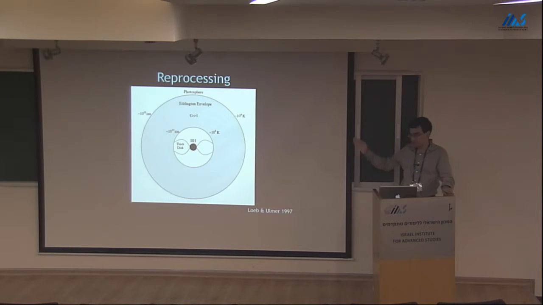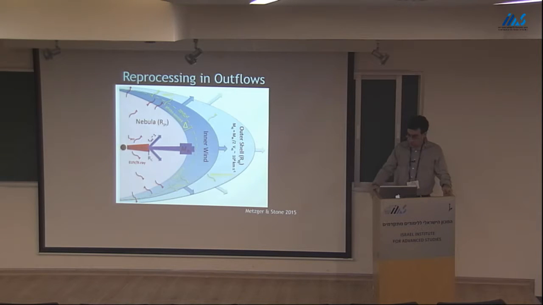There are some issues with a picture like this. You need to very finely tune the luminosity to right near the Eddington limit in order to support something like this. Other work has shown that when you exceed the Eddington limit, you might be able to allow the radiation to escape through channels in the polar regions and have something more along the lines of the zebra model that Coughlin and Begelman have developed. You can also imagine that maybe the radiation does launch an outflow.